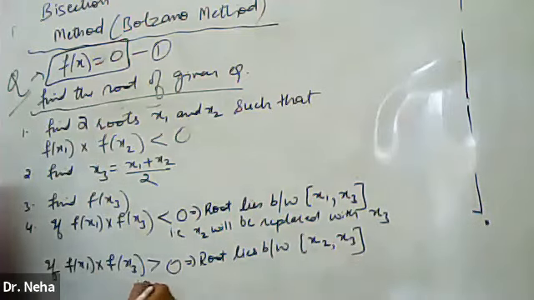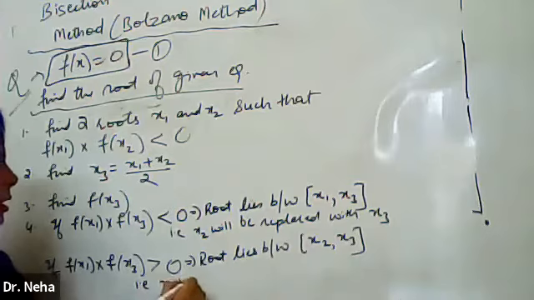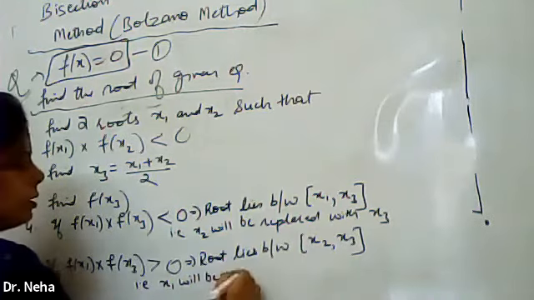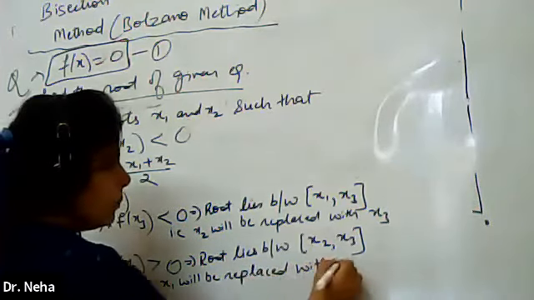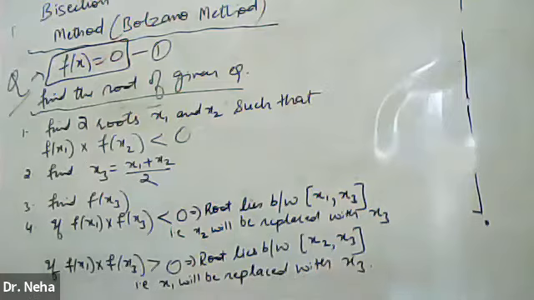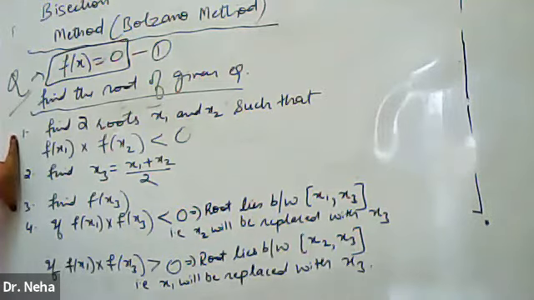That is, x1 will be replaced with x3. Please note it down. So this is a working rule. This is for iteration number 1. When you apply these 4 steps, iteration number 1 will be completed. Then same steps for iteration number 2. Again same steps for iteration number 3. Please note it down.